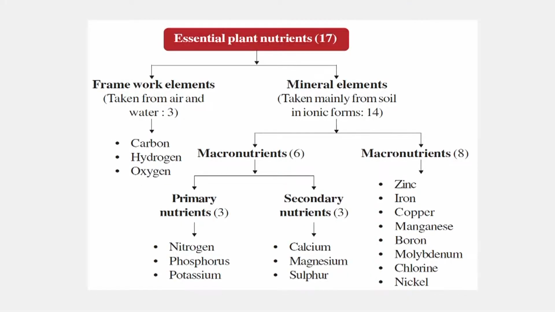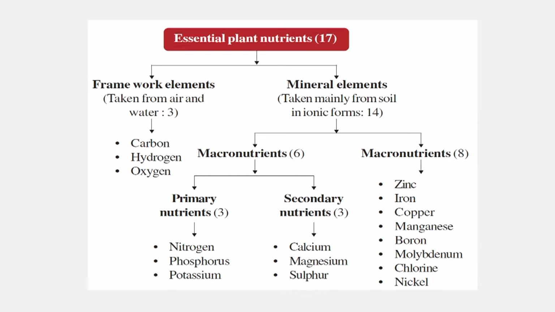So, dear learners, let's recapitulate some of the things from the last class. We understood that there are 17 essential plant nutrients, and for a plant nutrient to be called essential, it must follow the criteria of essentiality given by Arnon and Stout. Out of these 17 essential plant nutrients, there are 3 primary nutrients, that is nitrogen, phosphorus and potassium, and 3 secondary nutrients, that is calcium, magnesium and sulfur.